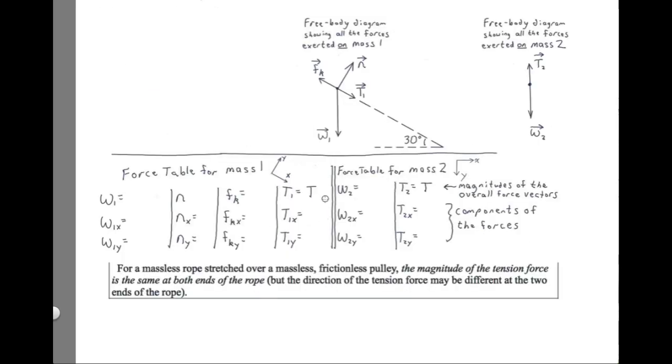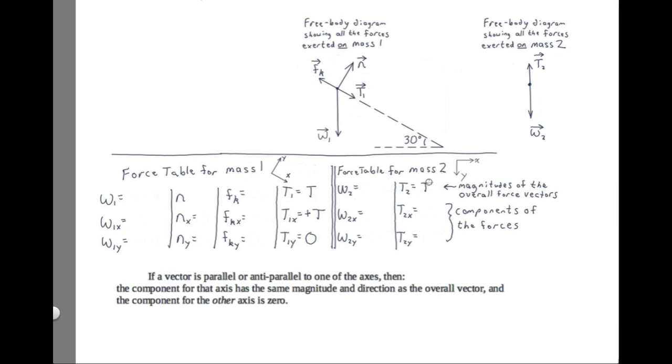Now we break these tension forces into components. T sub 1x, well, this tension force is pointing in our positive x direction. So it will be positive, and it'll have magnitude capital T, and the other component will be 0. Notice how we write down the plus or minus sign first, and then we write down the magnitude.